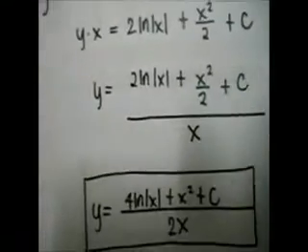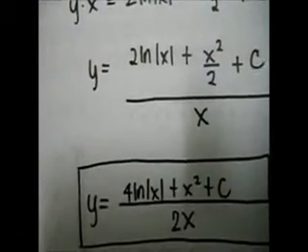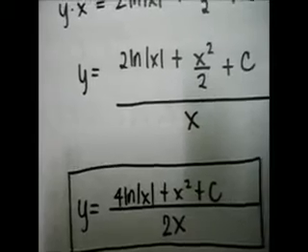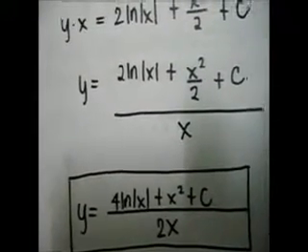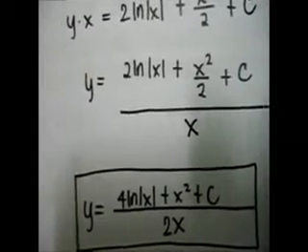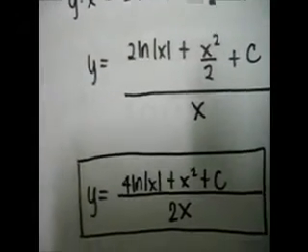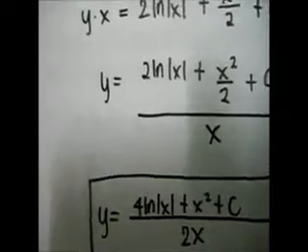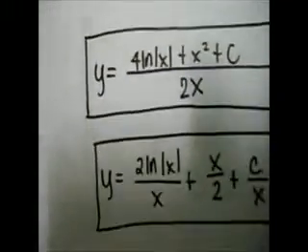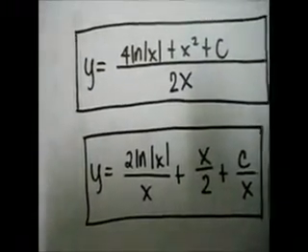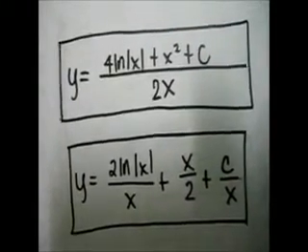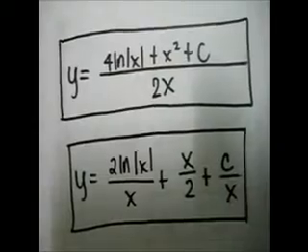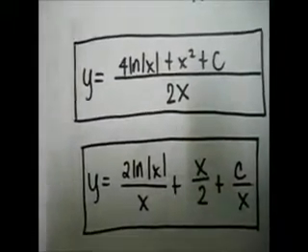Either this one, y is equal to 4 ln of x plus x squared plus c, all over 2x, if you want only one variable as our denominator. Or it can be y is equal to 2 ln of x over x plus x over 2 plus c over x. They are just the same.